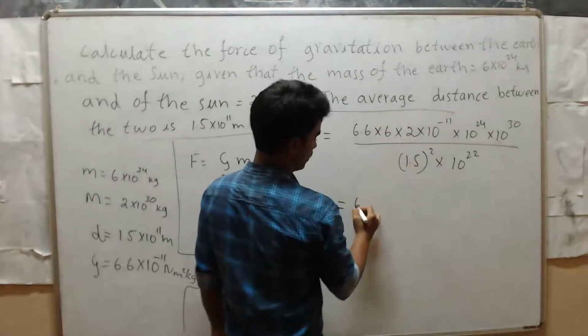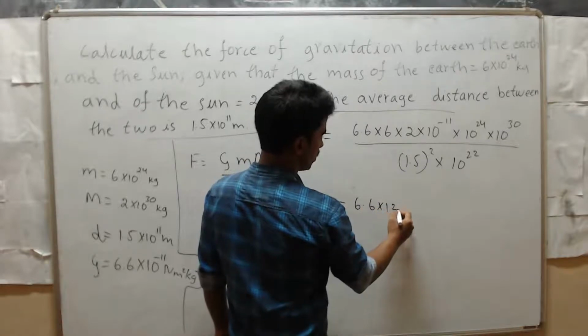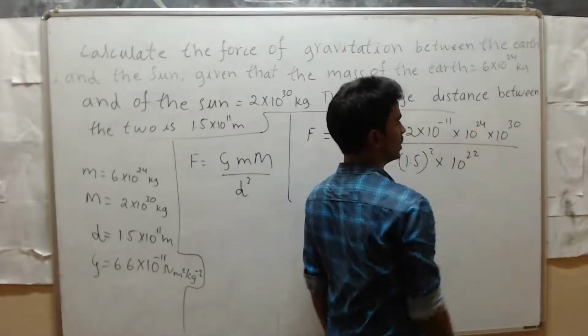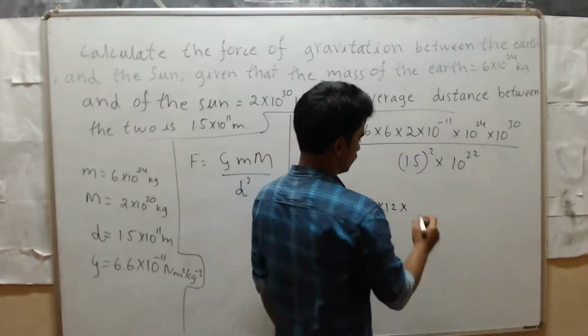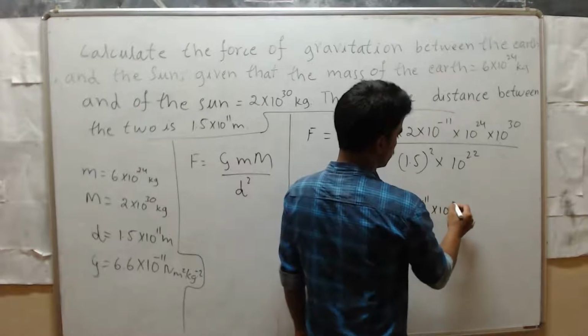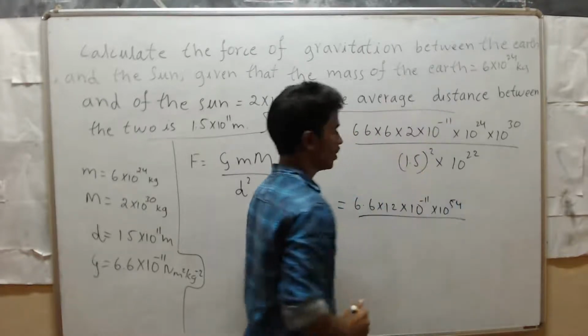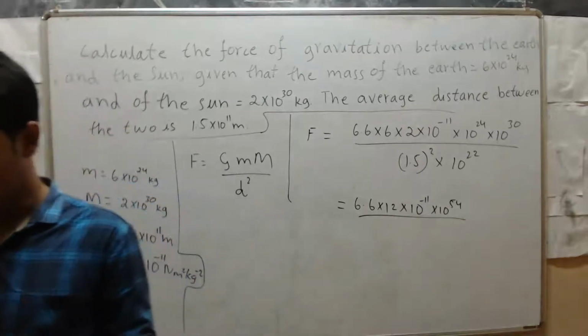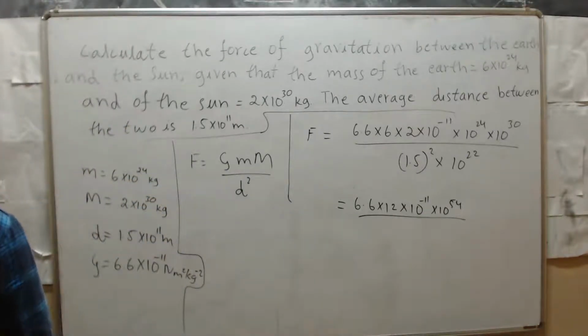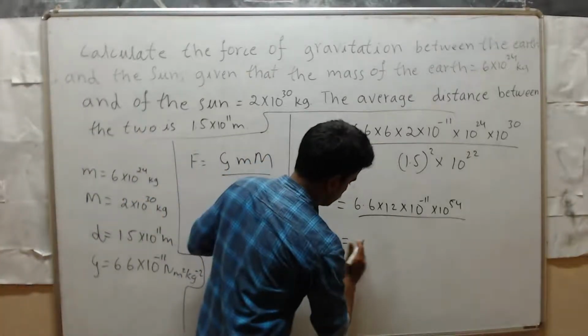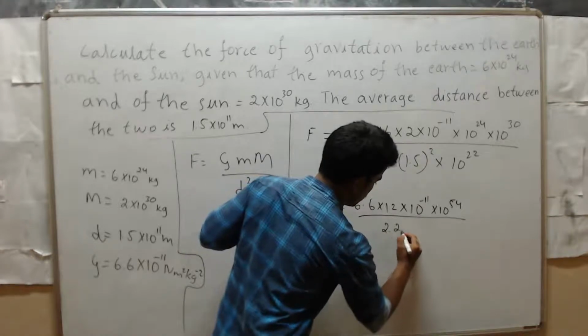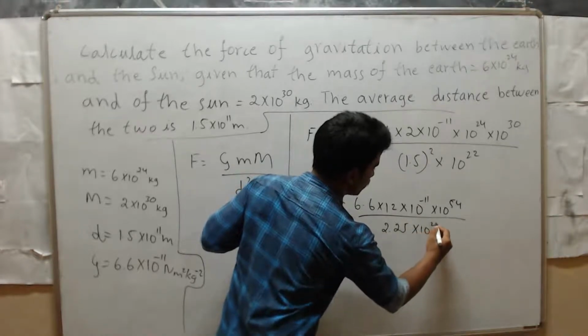6.6 into 12, into 10 raised to the power minus 11 into 10 raised to the power 24 plus 30, that is 54, divided by 1.5 square. 15 square is 225, so 1.5 square is 2.25, into 10 raised to the power 22.